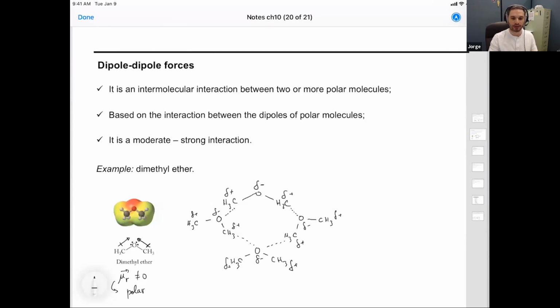The region where there is an excess of electron density is labeled as delta minus, and the region where there is a deficiency of electrons is labeled as delta plus. Okay? Delta minus will attract delta plus and vice versa. And that's the interaction that will keep polar molecules together.